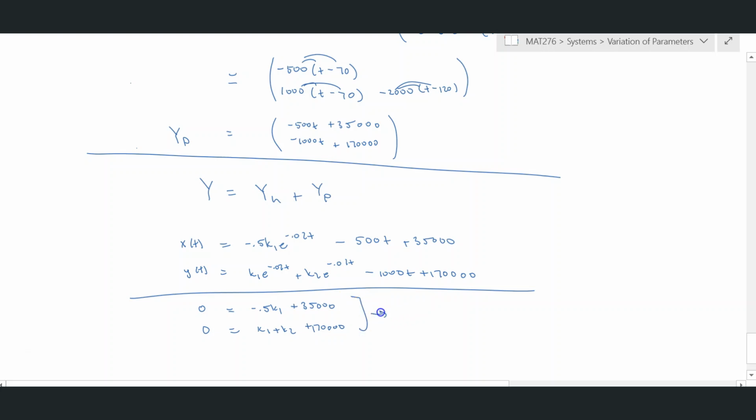And when we solve this system, we'll get k1 is equal to, let's see, 70,000. And k2 will equal 240,000.